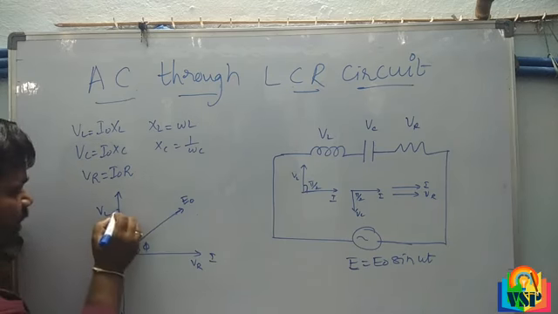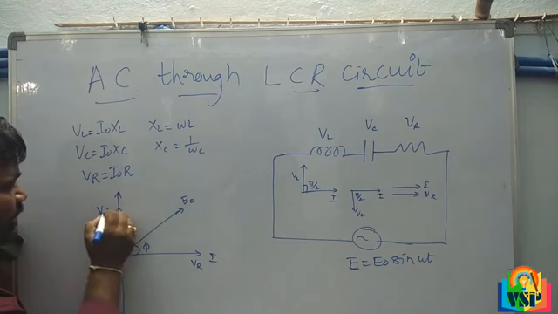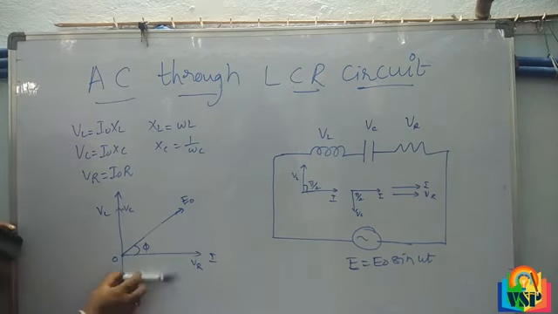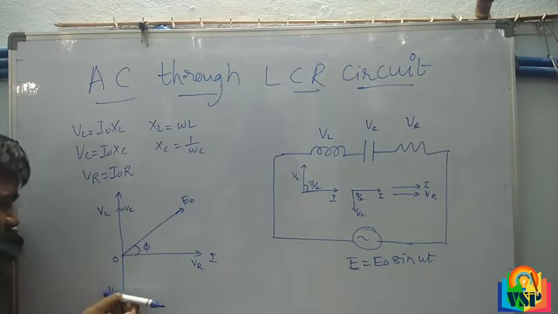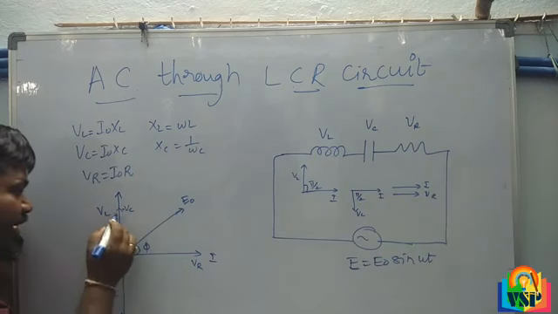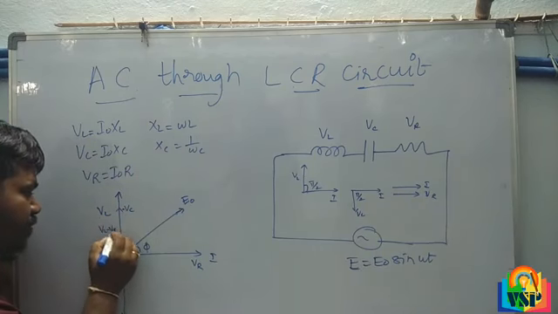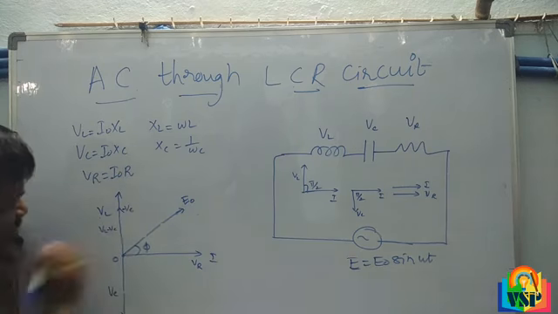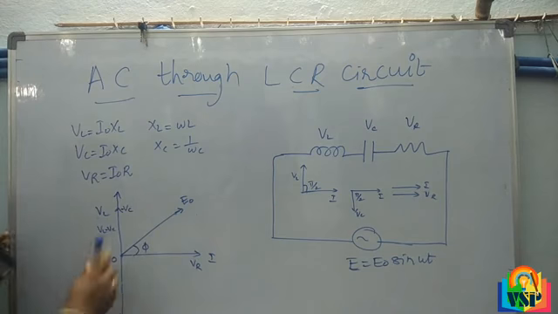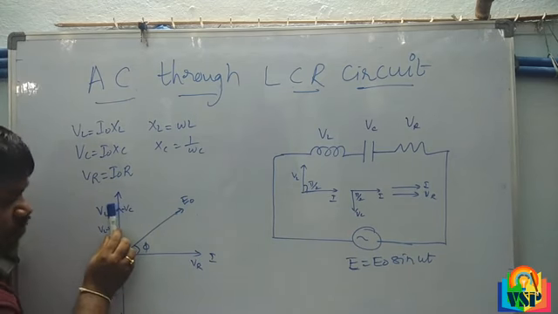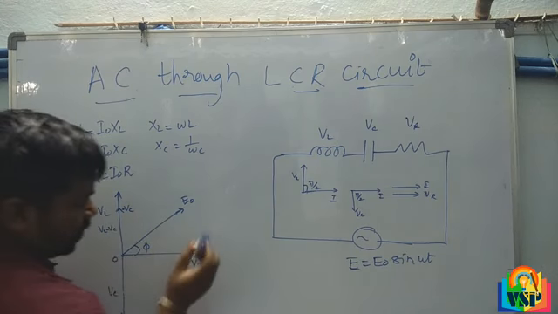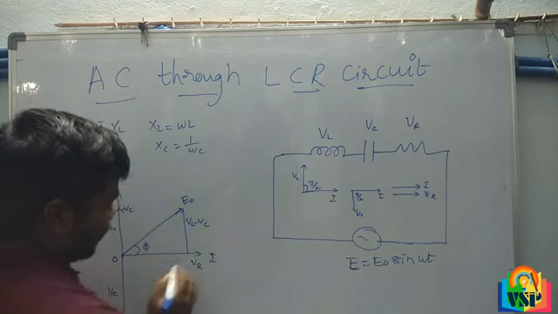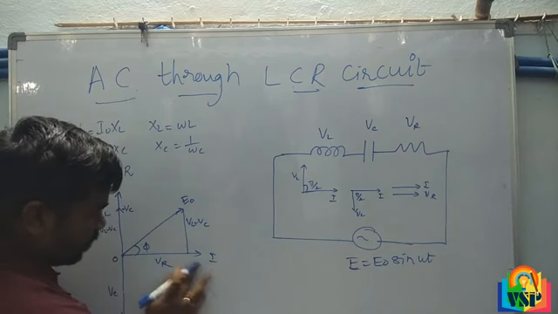The resultant of both, in the same direction, is VL minus VC. This VL minus VC vector we can shift parallelly. Here VR is already there.